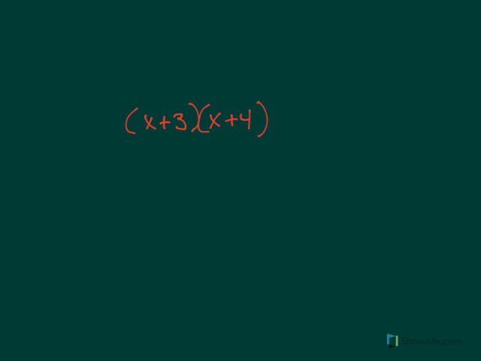So if I were to multiply these together, x times x is x squared. X times the 4 is 4x. And then distribute your 3. 3 times x should be 3x.